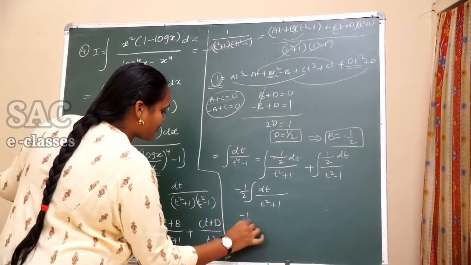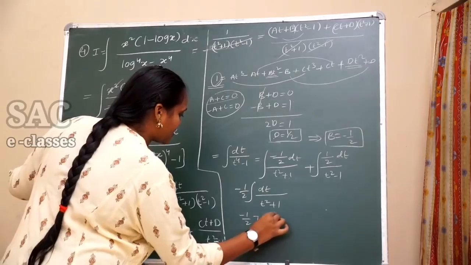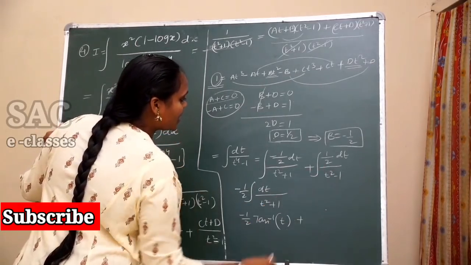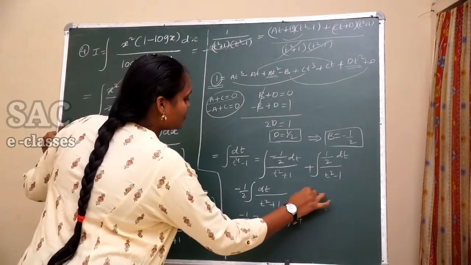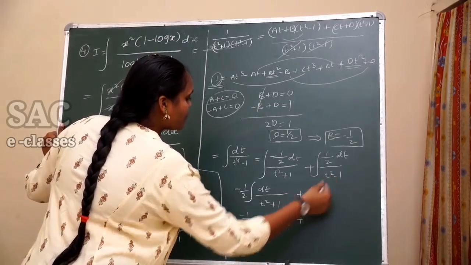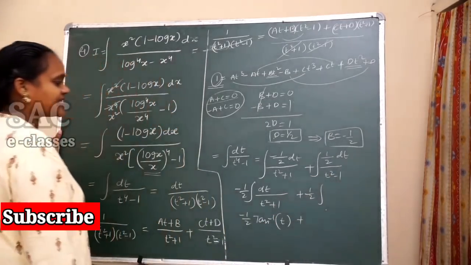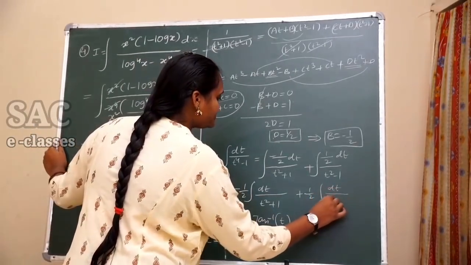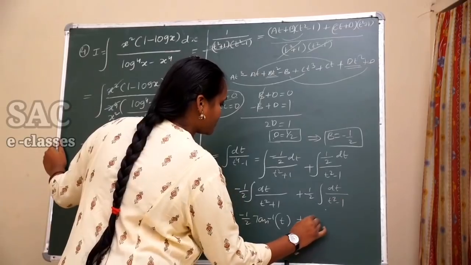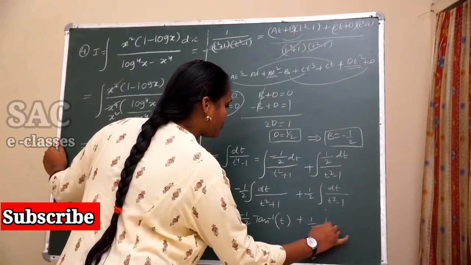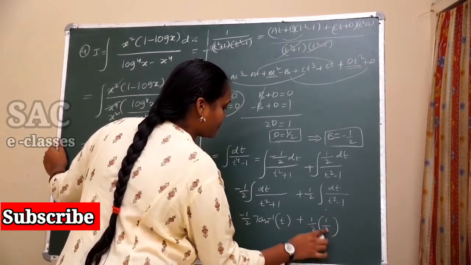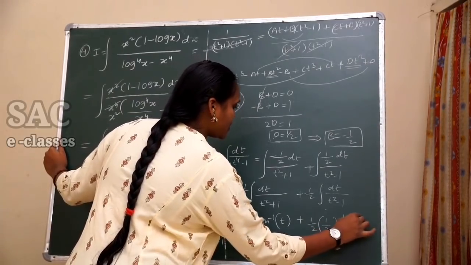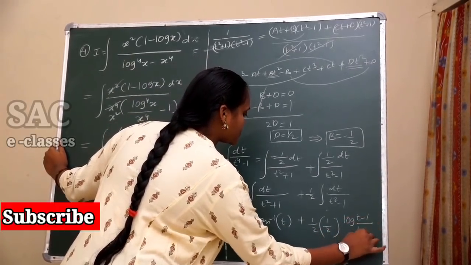Clearly it is looking like in the form, so minus 1 by 2 into tan inverse t. Plus, it is looking like a square minus x square, nothing but x square minus a square also you can write. So dt by t square minus 1 gives 1 by 2 into 1 by 2a. That's why 1 by 2 into log of t minus 1 by t plus 1.